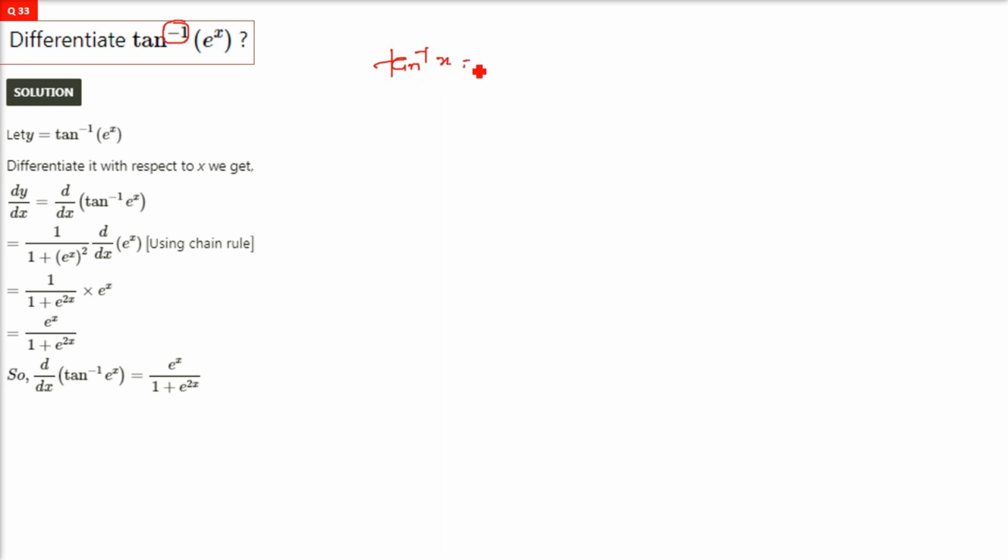If tan inverse x is differentiated, it is going to be 1 by 1 plus x square. So if this is e to the power x, it will be 1 by 1 plus, in place of x just put e to the power x, because it is square, so it will be e to the power 2x, and then e to the power x again. So this is the final answer: e to the power x by 1 plus e to the power 2x.